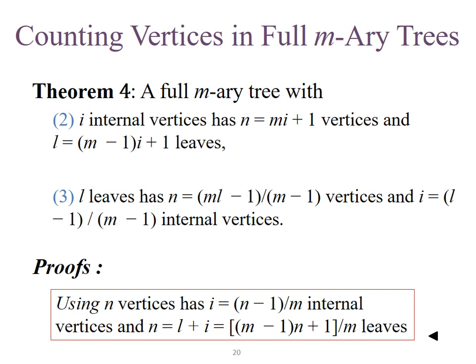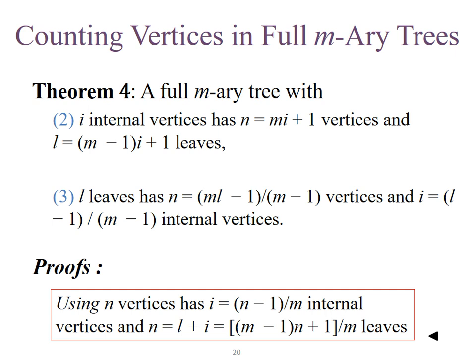But n is not a given variable. So we need to rewrite n as mi plus 1 minus i. In this case, we represent l by the variables m and i, which are the two given variables in this theorem.